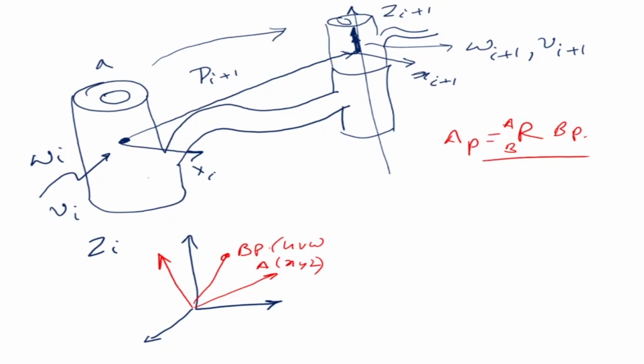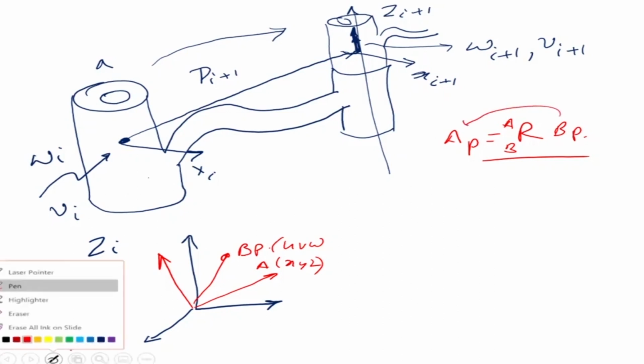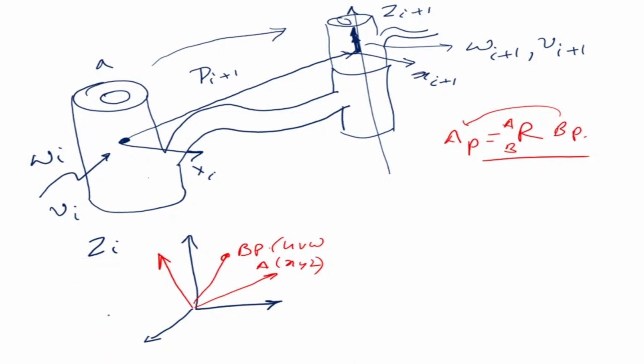It is relating the coordinates of a point in a rotated system to that of the reference system, which is A. But in this case, we are expressing the velocity from frame i to frame i plus 1, so we are going in the reverse direction. So BP is going to be ARB inverse into AP. Please note this: we are going in the forward direction, which basically means going backward to the reference frame.